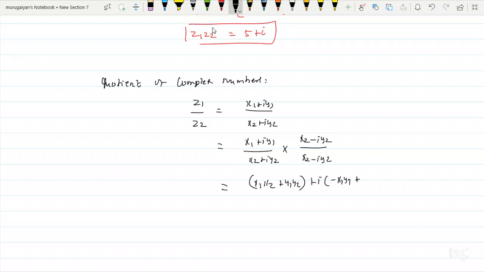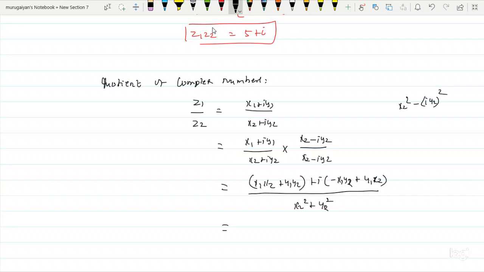In the denominator, following the same rule, we get (a plus b)(a minus b), which is x2 square minus i square y2 square. So i square will be minus 1, minus times minus is plus, so x2 square plus y2 square. Look at the denominator. There is no i. This is a purely real number.